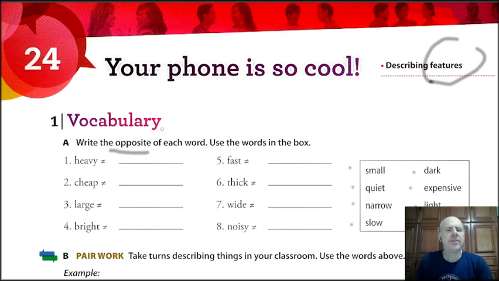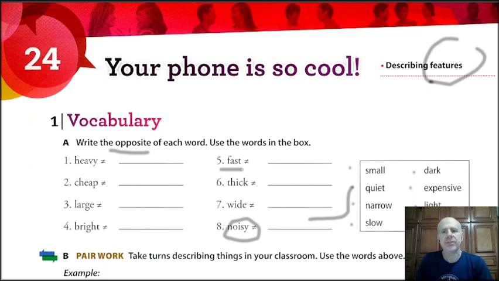Which ones are very easy for us? For example, I think that if we think about noisy, and you heard my mobile phone telling me something, like the alarm was showing I should do something. If it's noisy, the opposite is quiet. I think this one is easy. But there's also fast.